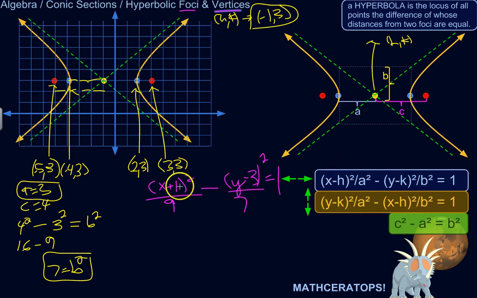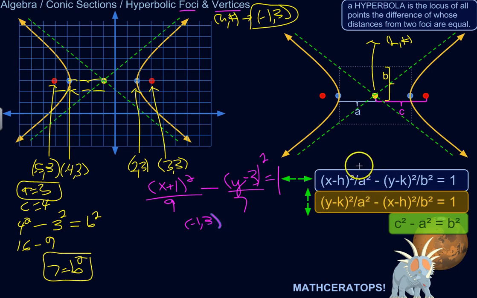So from this, the equation is x minus h squared over a squared minus y minus k squared over b squared equals 1. So (h, k) is the center. From this, we could derive that the center is negative 1, positive 3.